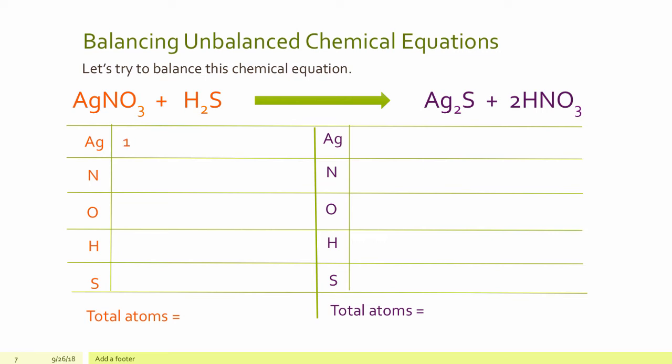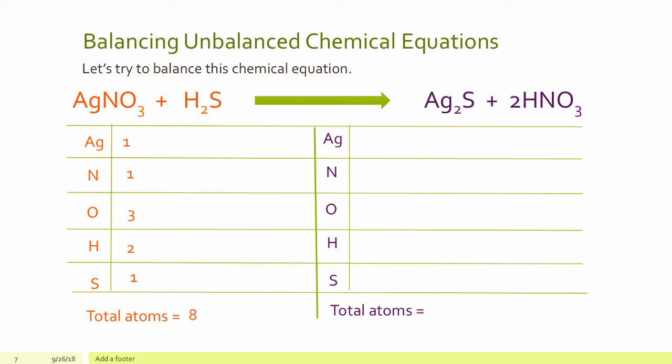So on our reactant side, the things that we're putting in, I have 1 Ag, 1 N, 3 O's, 2 H's, and 1 S. So just looking at your subscripts and coefficients, counting your atoms like we've been doing. Do the same thing for your product side.